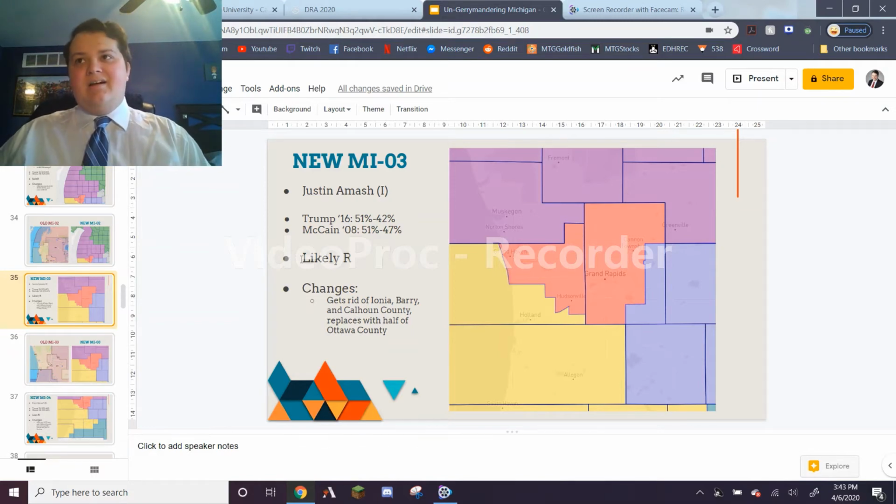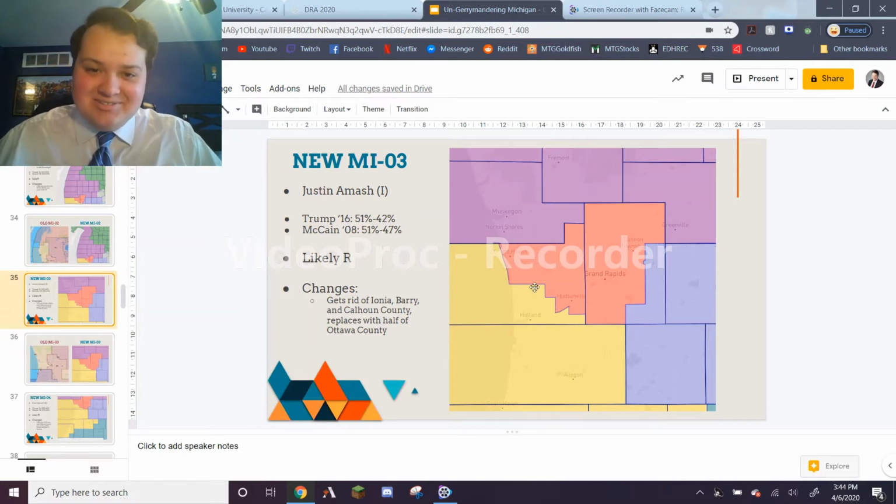I think there could be environments in which a Democrat could flip this, but it would be unlikely. The change is that it gets rid of Ionia, Barry, and Calhoun County, which is what the district does to snake down this way currently, and it replaces it with the northern half of Ottawa County, including Allendale Township.